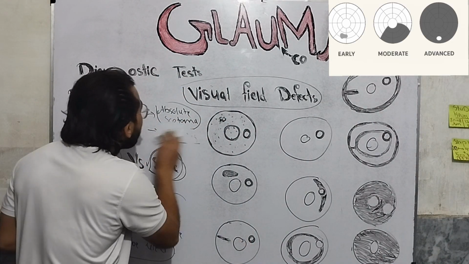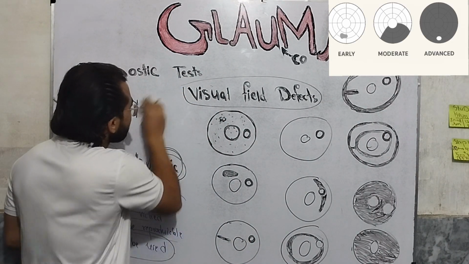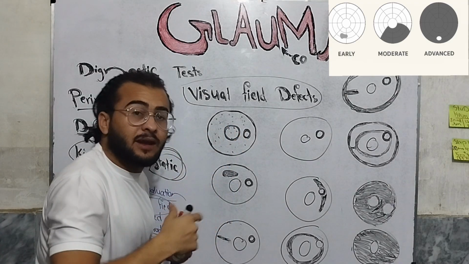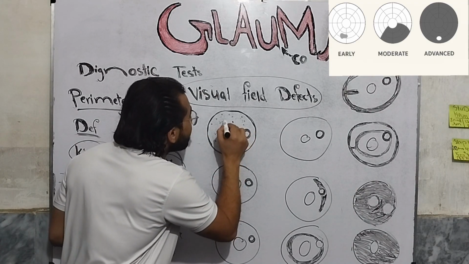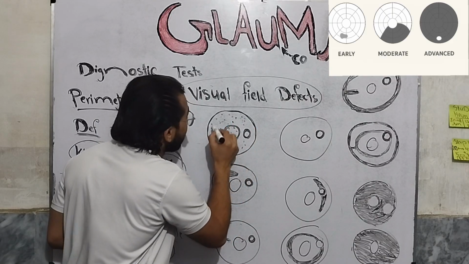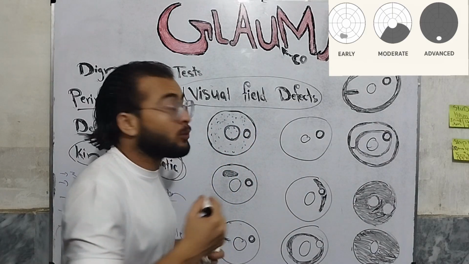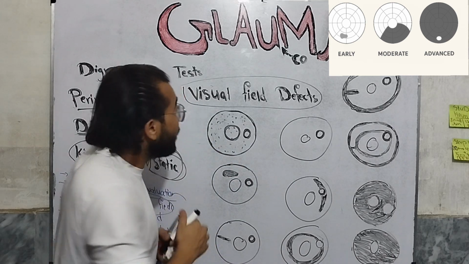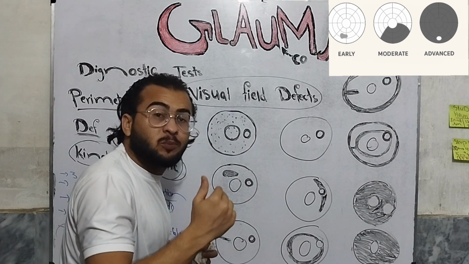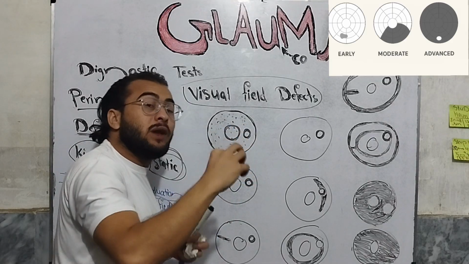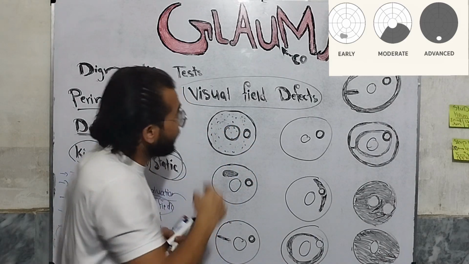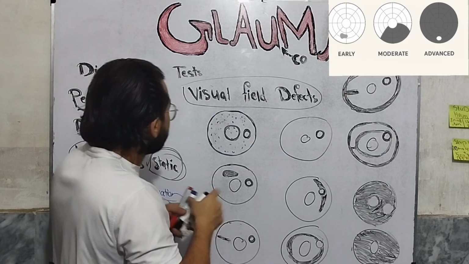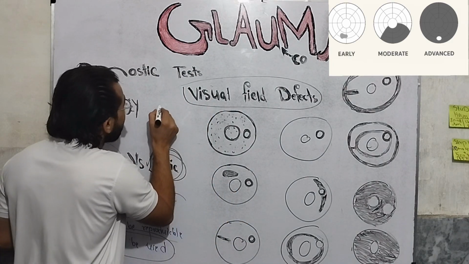It means that in the entire retina there will be a diffuse dropout of the ganglion cells and the visual acuity will be reduced. So there is no complete blind spot, but in the entire retina we have reduced visual acuity because of the diffuse dropout of the ganglion cells all over the retina. This is called generalized depression.